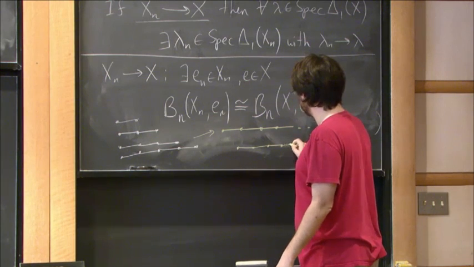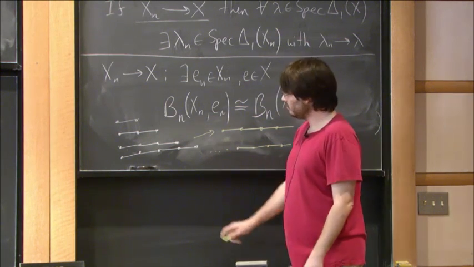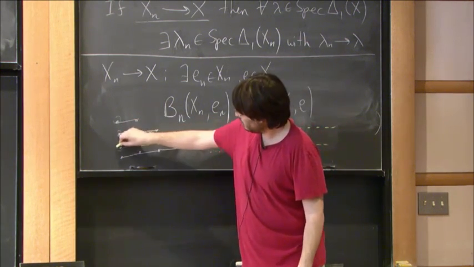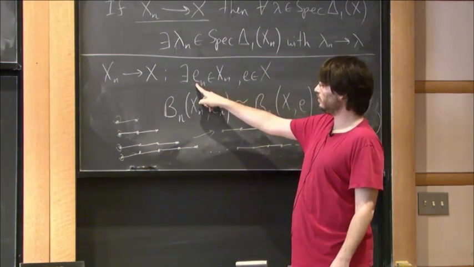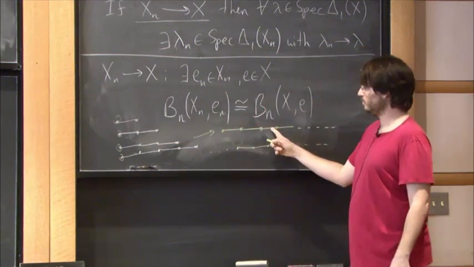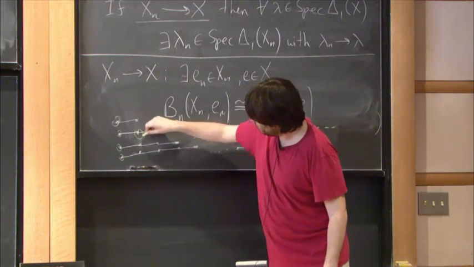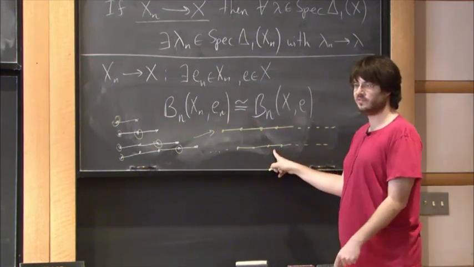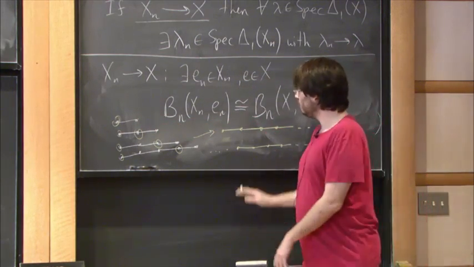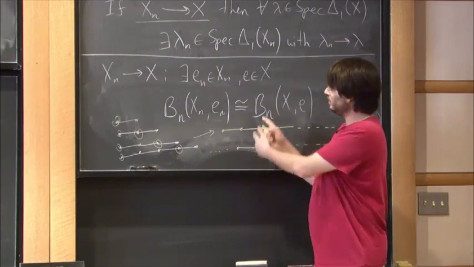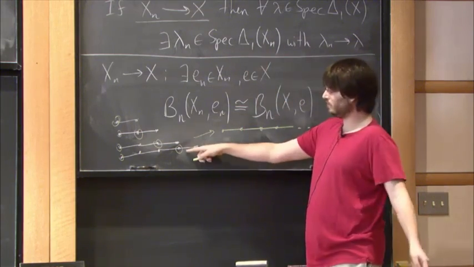So the limit here is not unique. I have this choice of a base point. If I chose this base point, then the convergence is to the one-sided line. If I chose this base point, then I would converge to this. So it gives me a freedom. But it means that the statement is true for both of them.